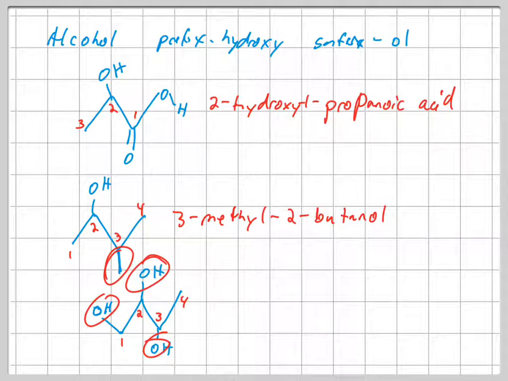And so we would number this as 1, 2, and 3. Butanetriol. I love that. That's a really cool name. Anyways, so that's your alcohols.